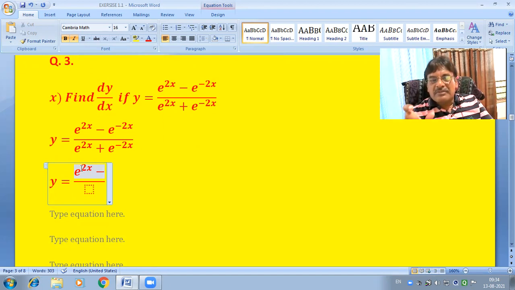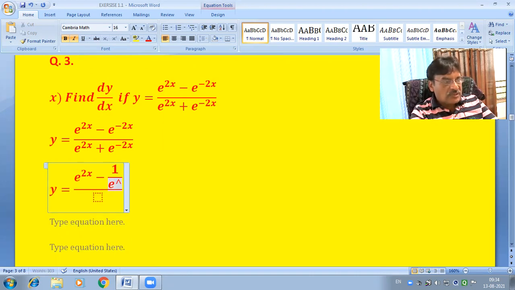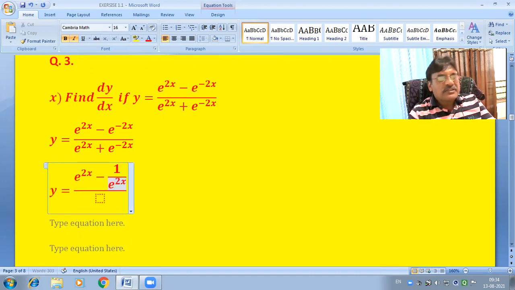Similarly, e to the power minus 2x can be written as 1 upon e to the power 2x.